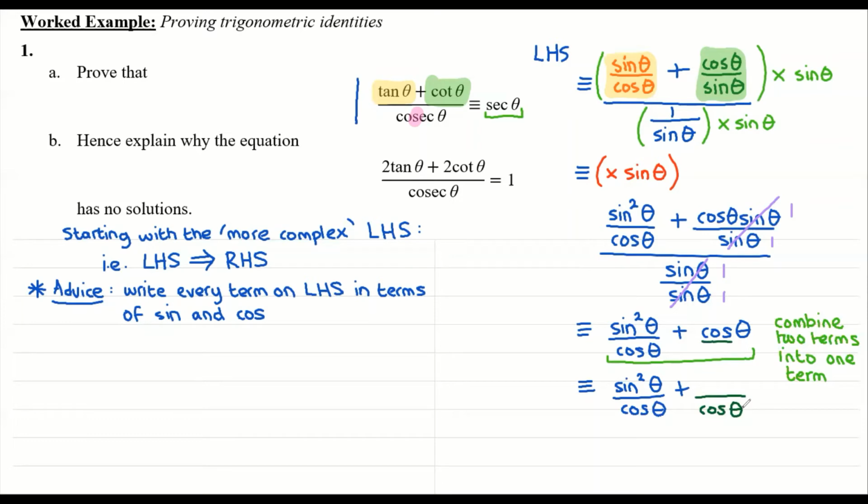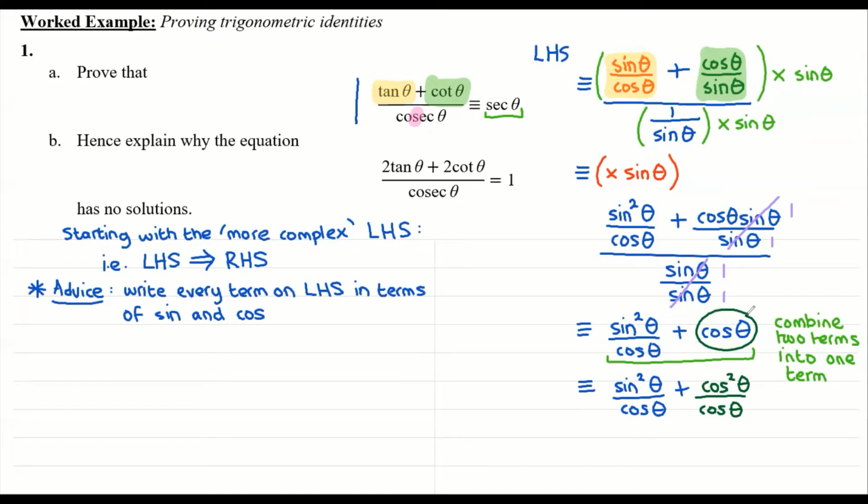Now, if I multiply the bottom by cos theta, the only way to make this identical is if I multiply the numerator by cos theta. Okay, so I'd have to multiply top and bottom by cos theta, and this will give me cos squared theta. Okay, I hope that makes sense. You'll notice that cos squared theta over cos theta will simplify to the cos theta that we have here.